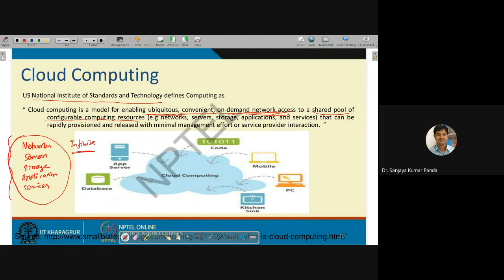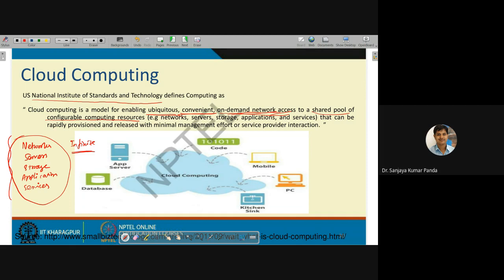Like if you consider one home in a particular city, a home's area against the area of the city is very small. That's why we consider the city an infinite one. In the similar fashion, we consider the resources available with your cloud service provider as unlimited resources. As much resource as possible, you can ask of your provider.